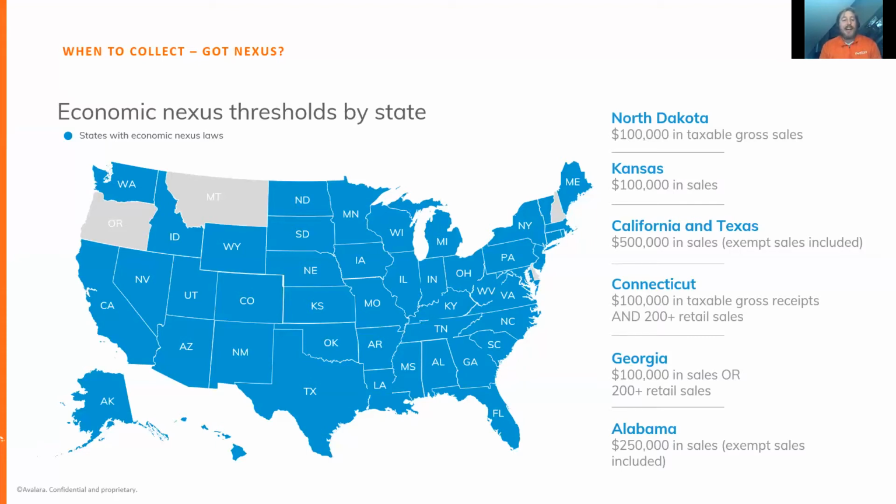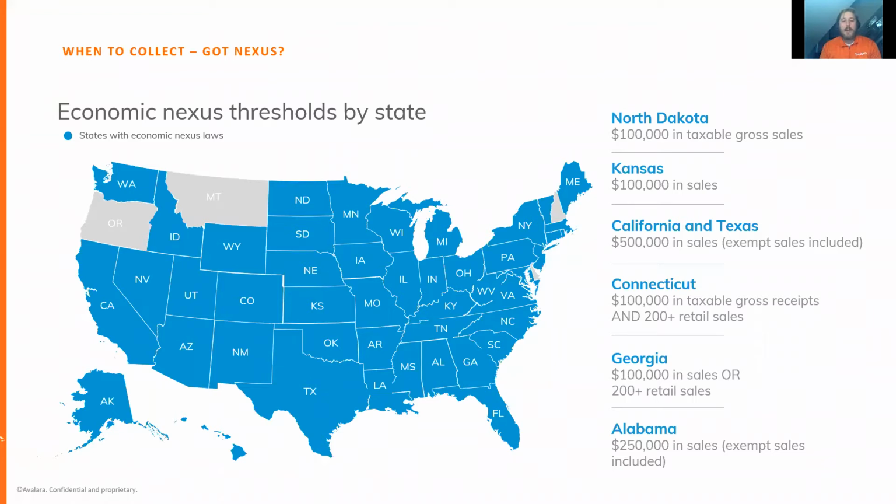Connecticut, $100,000 in taxable gross receipts, as well as 200 retail sales. And then Georgia, $100,000 in sales or 200 transactions, right? Notice the designation there between the "and" or the "or." That can be very important when you're looking into or understanding your obligations.